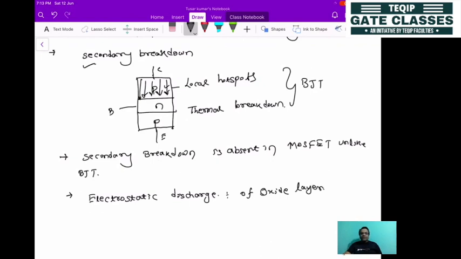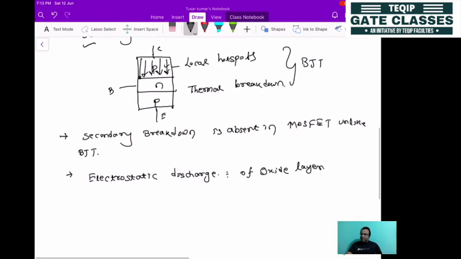That is one of the major problems for MOSFET, so that you also have to take care of. While applying the voltage, it should not reach that level where it will go for electrostatic discharge. So this is a little bit of introduction about the MOSFET, how it is superior compared to the BJT, and what the drawback is.